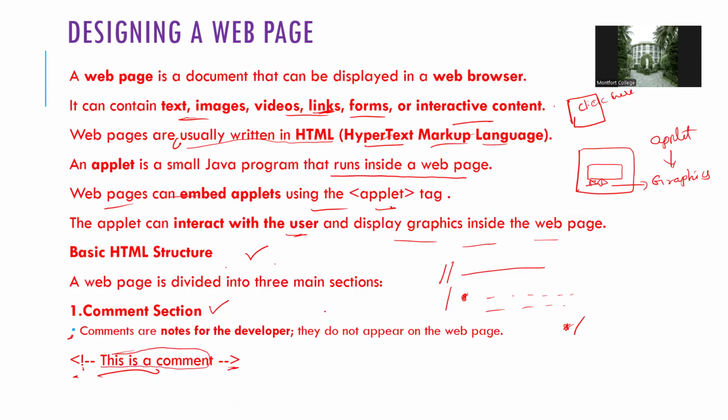So for example, if you are writing HTML code for student record, you can write like this: open angle bracket, exclamation mark, student record, and close it. That's it. This is comment section. You know about comment section, no need to explain this one.